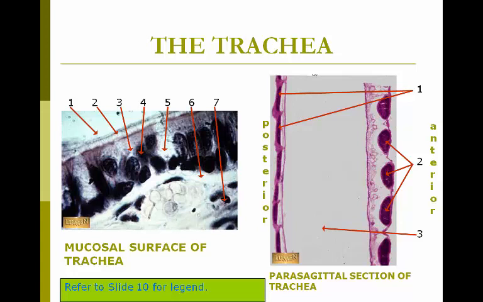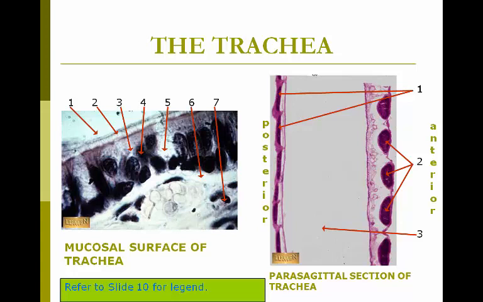That is a cross-section of 3 of the cartilaginous rings of that trachea. Number 3, that arrow is going between 2 of the cartilaginous rings into the inside of the trachea that we call the lumen, L-U-M-E-N. The lumen of a tubular organ is the inside cavity.